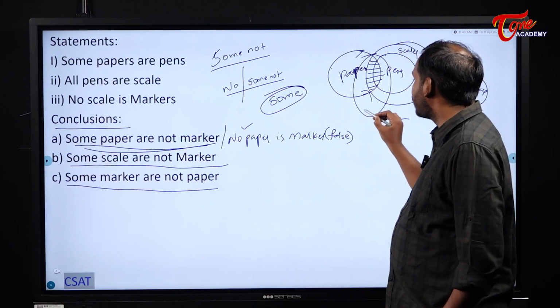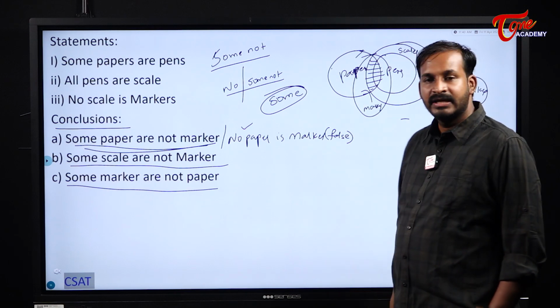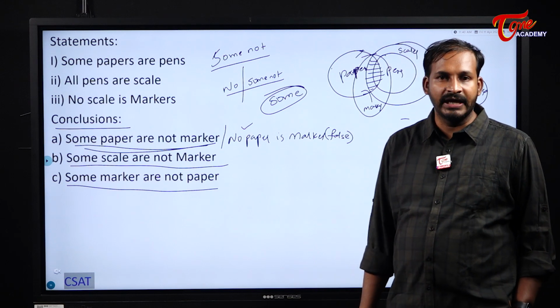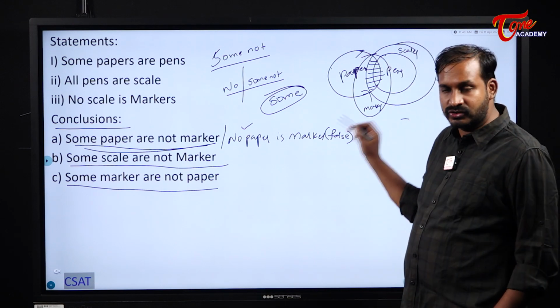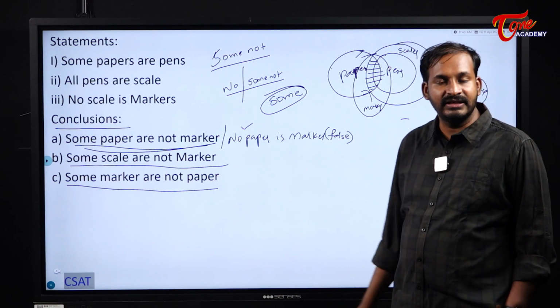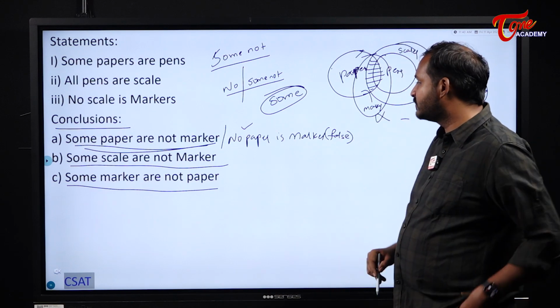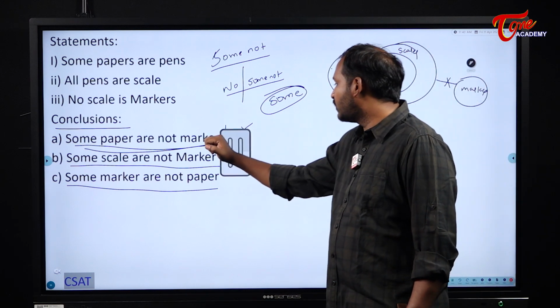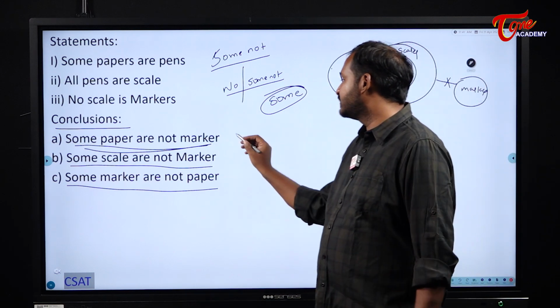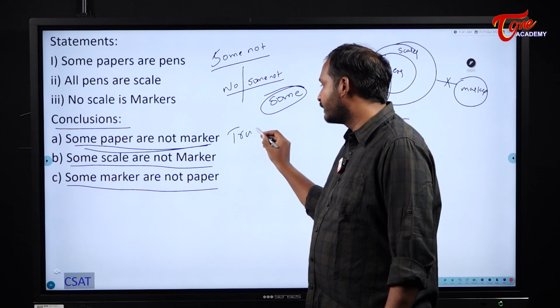Now tell me, can I draw marker here? No, I cannot. Why? Because if I do so, my marker is intersecting with scales, so alternate diagram is not possible. There is no other choice for me, so I will mark this as true.